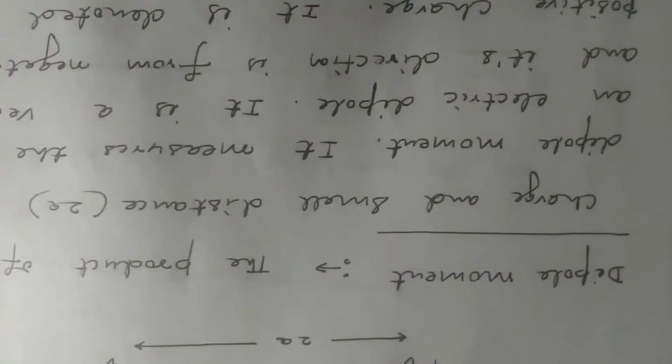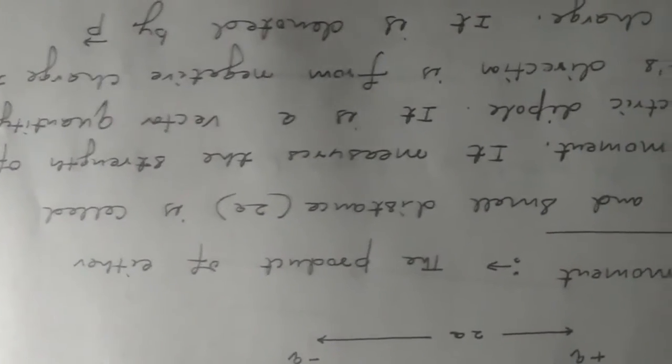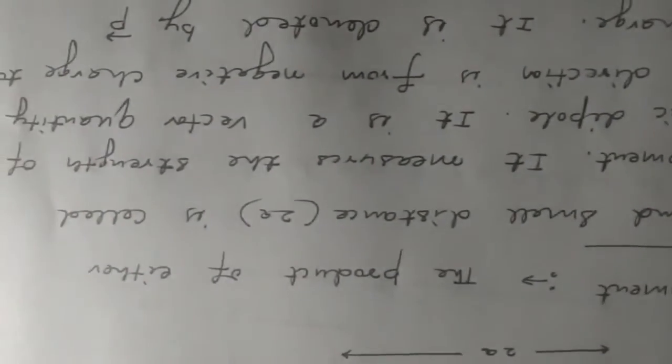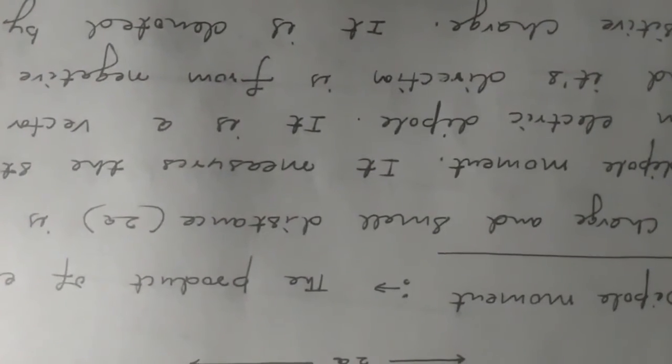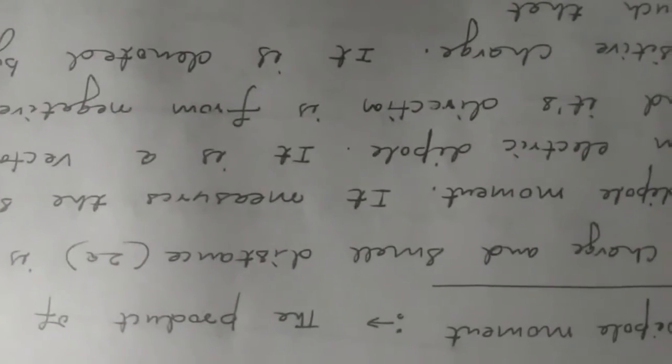Now, dipole moment. What is dipole moment? The product of either charge, whether positive charge or negative charge, and the small distance 2a is called dipole moment. What is the use of dipole moment? It measures the strength of electric dipole.